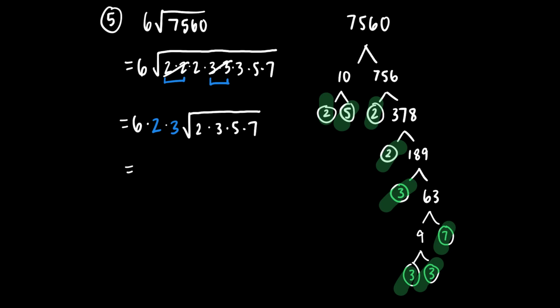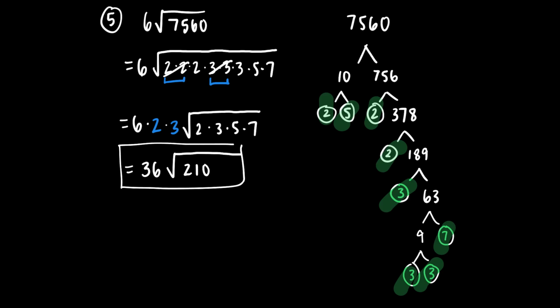So 6 times 2 times 3 is going to be 36. And then the square root of, unfortunately, there are no pairs in here, so we can't really break this down. So 2 times 3 is 6, times 5 is 30, times 7 is 210.